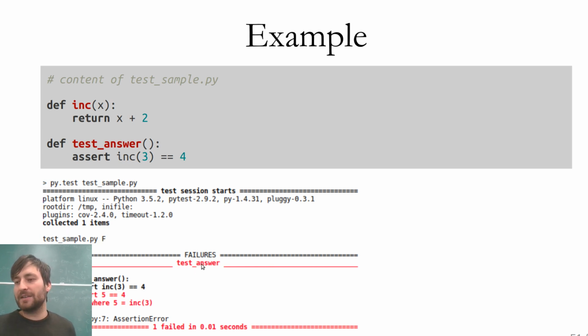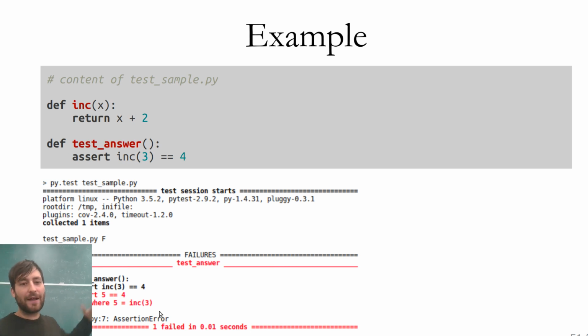The failure is in the function testAnswer, on this line, assert inc 3 equal 4, where the assert is 5 equal 4, where 5 is inc 3. So you can see it clearly did something crazy to get this, but it gives you a very useful answer, which says 5 is not equal to 4, and you told me inc 3 is going to be equal to 4.